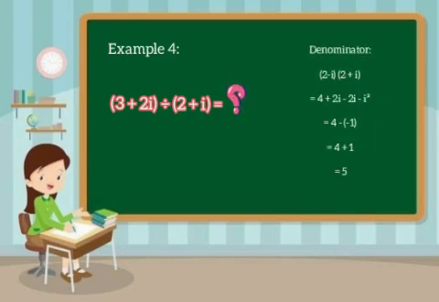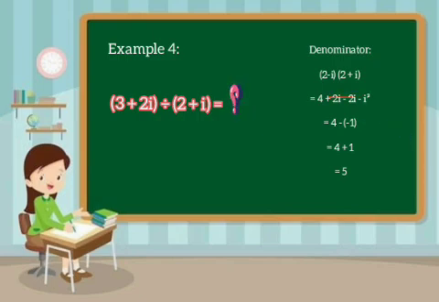In the denominator, 2 minus i times 2 plus i equals 4 plus 2i minus 2i minus i squared. This time, 2i minus 2i cancel out, and i squared now becomes negative 1 because i squared is negative 1.